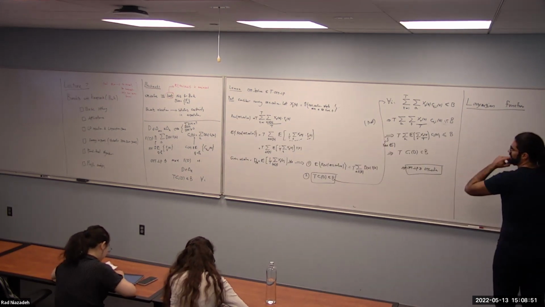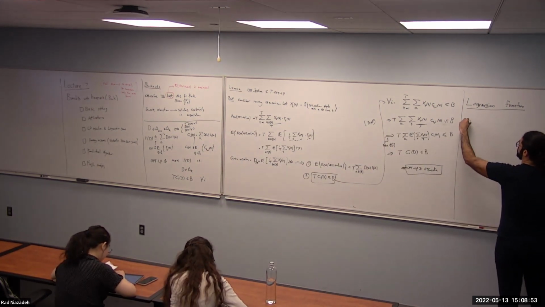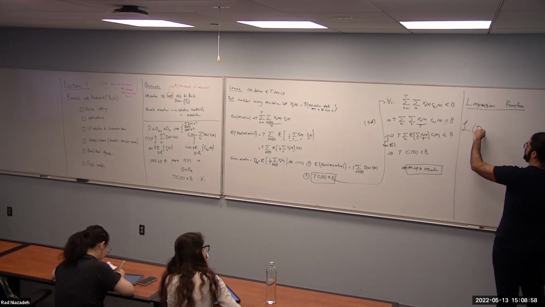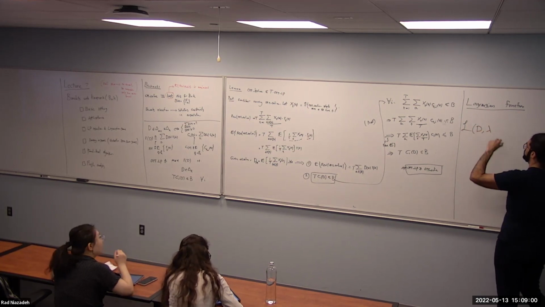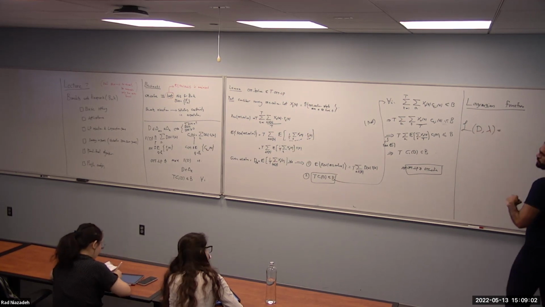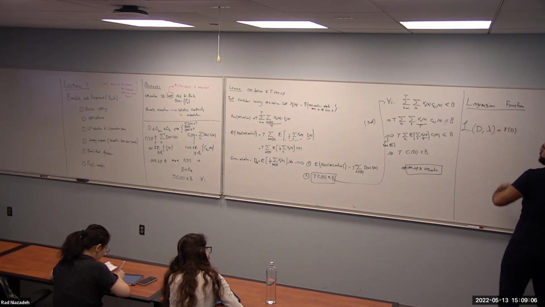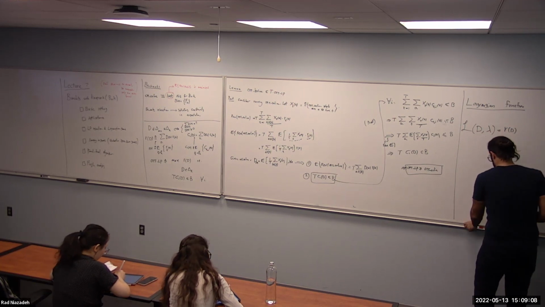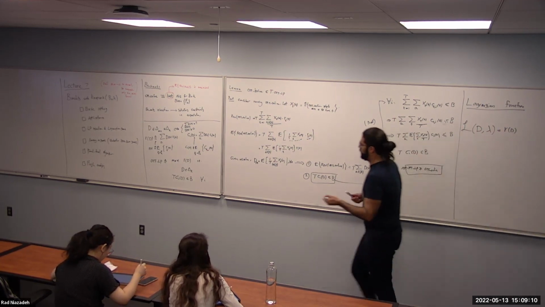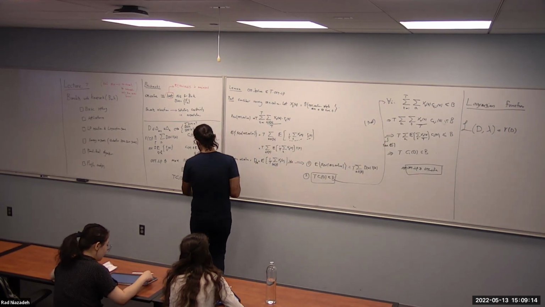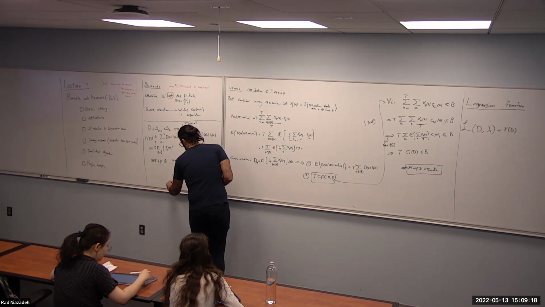And let me define that. So I'm going to define the Lagrangian function with two sets of variables, d and lambda, to be equal to R(d). Right, so what I'm going to do next is multiply each of these by some lambda_i. Actually, before that, let's move this b here.